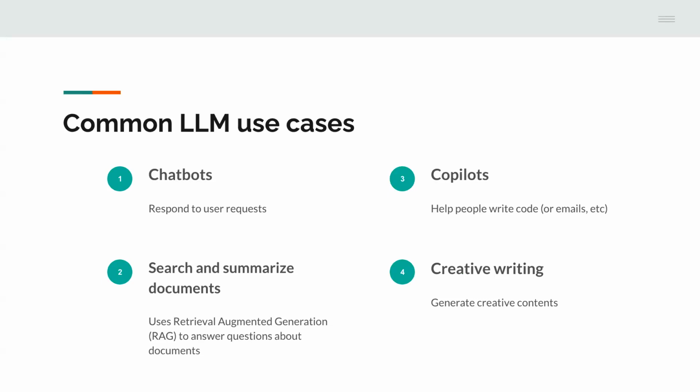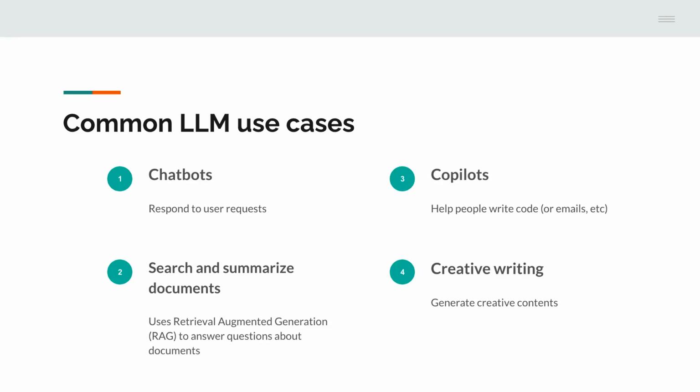these kinds of purposes. First, like ChatGPT, they can be very good chatbots, giving you lots of information, helping you as very helpful assistants. You can also use them to search and summarize documents. Right now, the industry is focusing on this technique called retrieval augmented generation, for data that the large language models are not trained on.